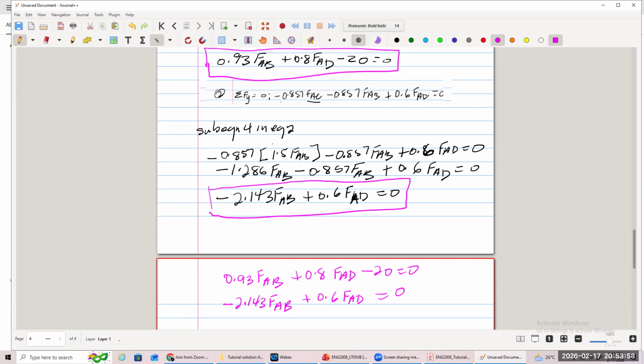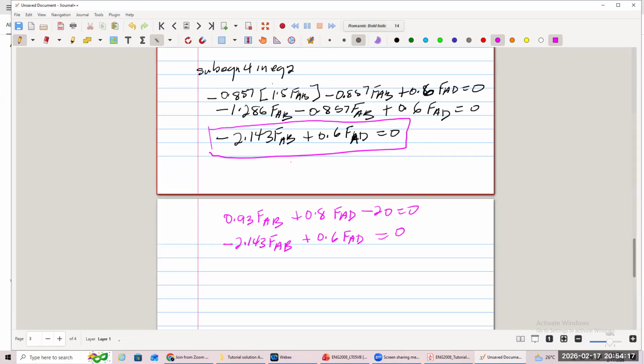Any suggestion? What would you do right here now? Same substitution. What would you do to solve it? You would take the last equation and solve it for AD? Give me a suggestion.